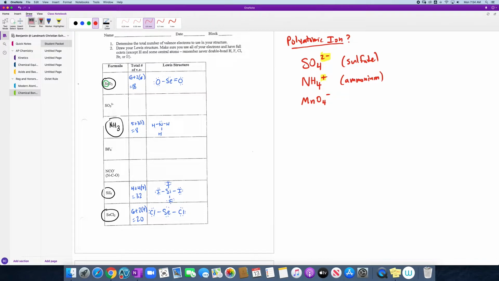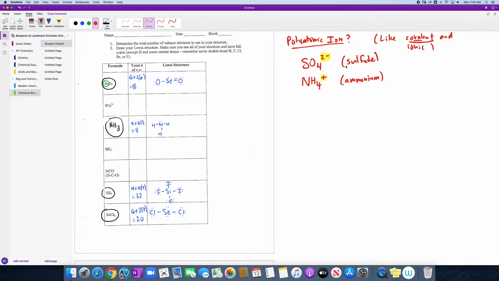But normally pretty much all polyatomic ions are nonmetals bonded together with a charge. So they're kind of like covalent and ionic all at once. We're going to focus on the covalent part first, and then deal with the ionic part.